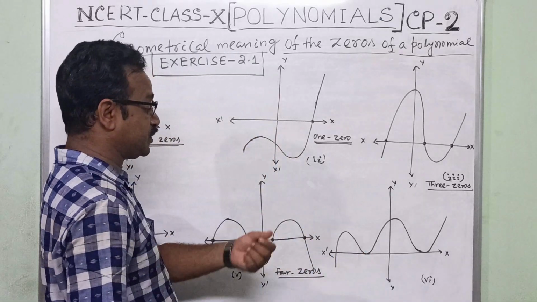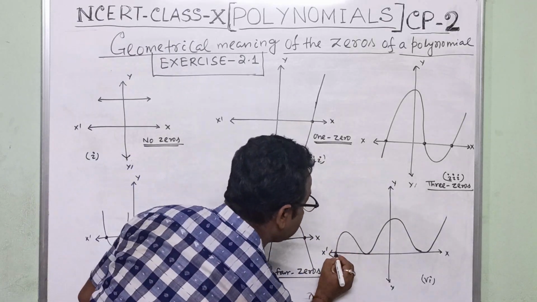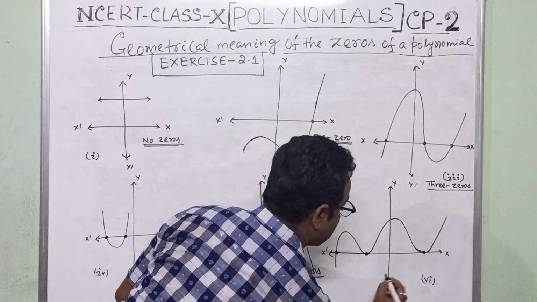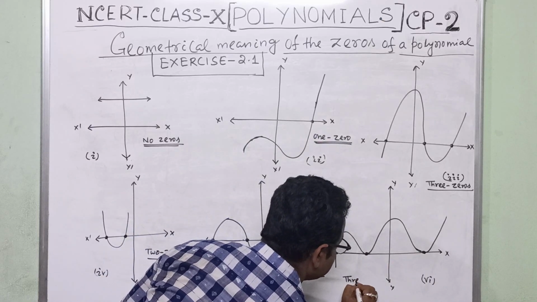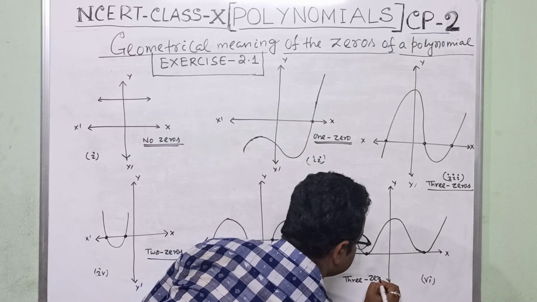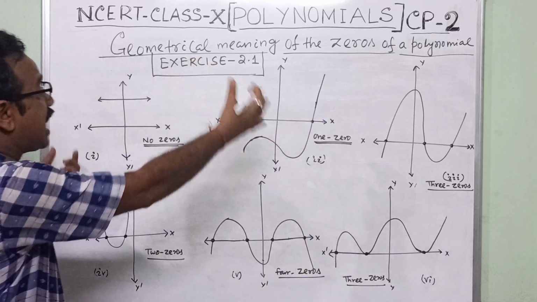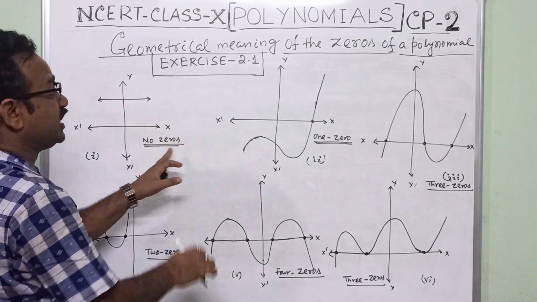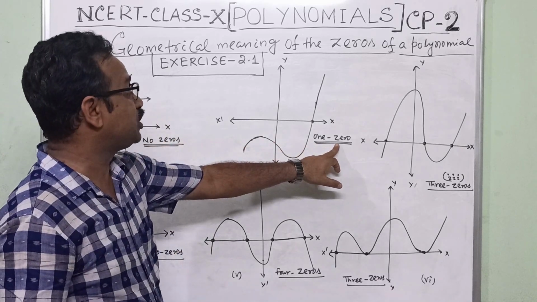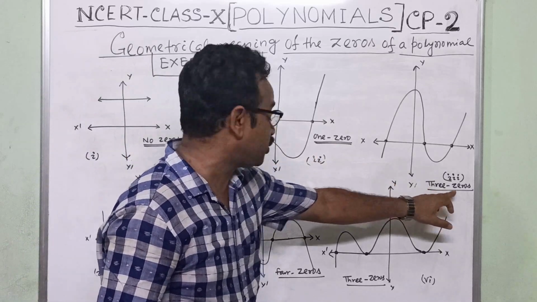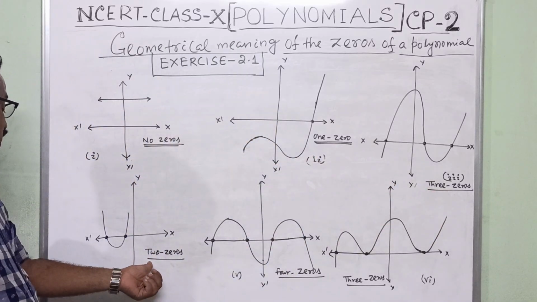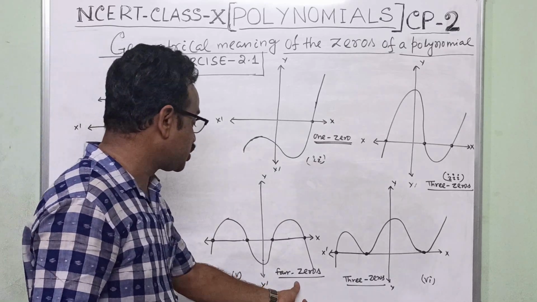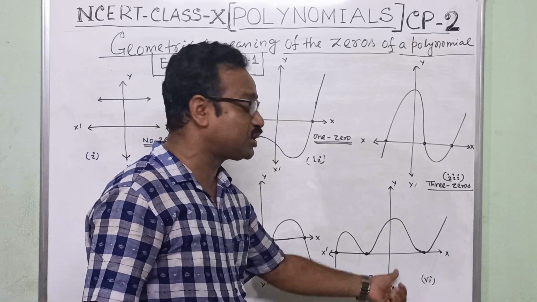Now move on to part vi. At how many points? 1 point. Here is the second point. Here is the third point. So 3 zeros. Now from these graphs we can conclude: this is a constant term, no zeros. Here is 1 zero, a linear polynomial. 3 zeros, a cubic polynomial. This is 2 zeros, a quadratic polynomial. 4 zeros, bi-quadratic polynomial. 3 zeros, cubic polynomial.